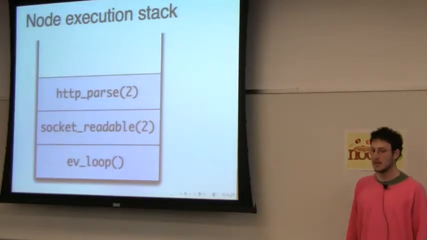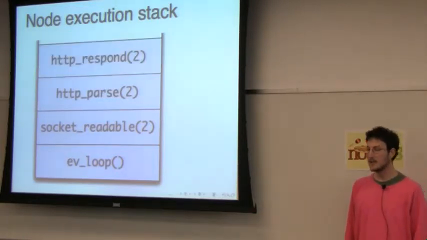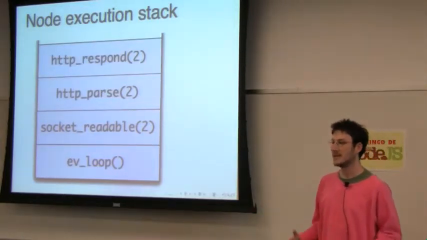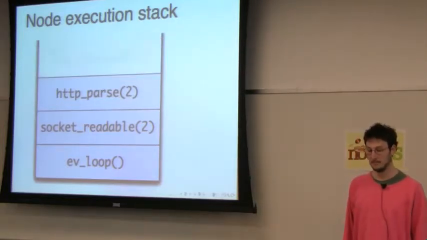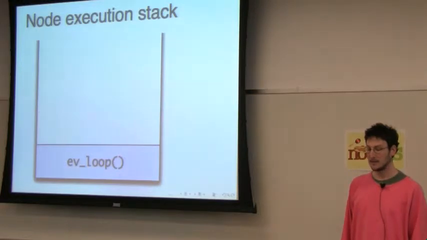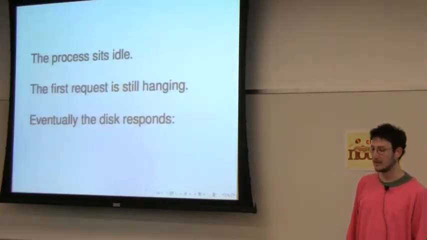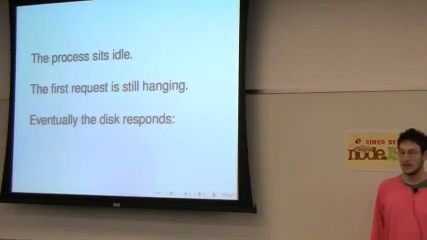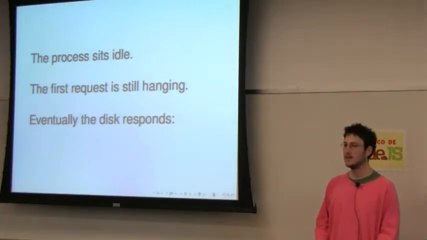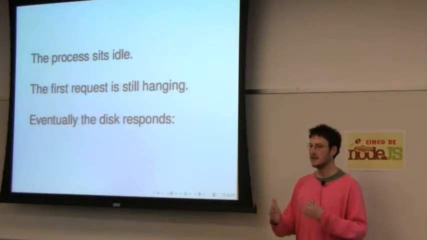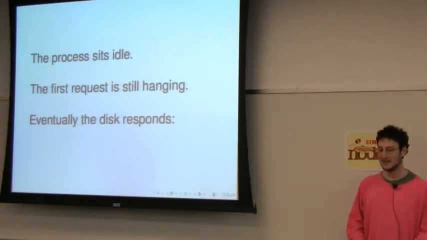Okay, let's parse that request. We can just respond to it now, because we have that in memory, and we can just send that out. The stack unwinds. We're back to the event loop. The process sits idle. The first request, the person waiting for that website, is still waiting. Mind you, this is a very small time scale, so not so long.